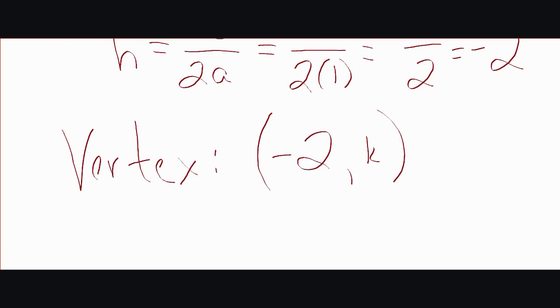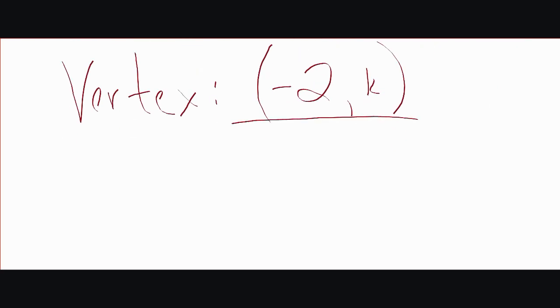Now how do we find k? Well, remember, this is just a point. And the x and the y values inside of that point are related to one another. Meaning when I plug in an x value, I get the y value that corresponds to it. So when I plug in my x value of -2, I should get k.